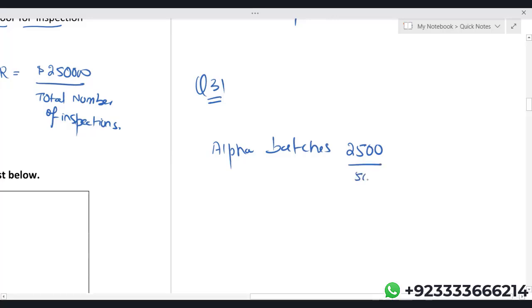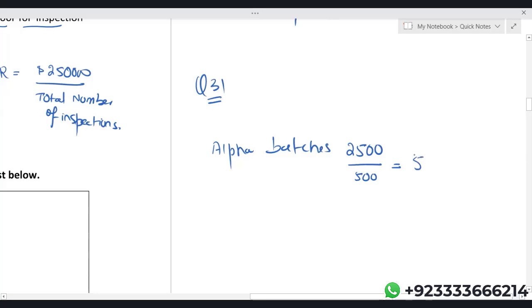So volume of alpha, 2,500, divided by the size of the batch will give us basically how many batches of alpha we are producing. So the answer is 5 batches.